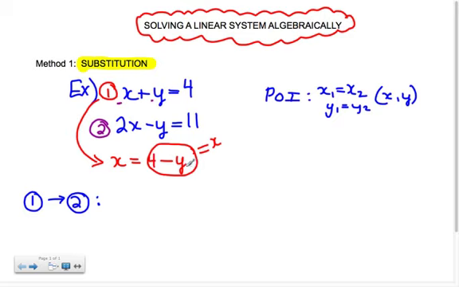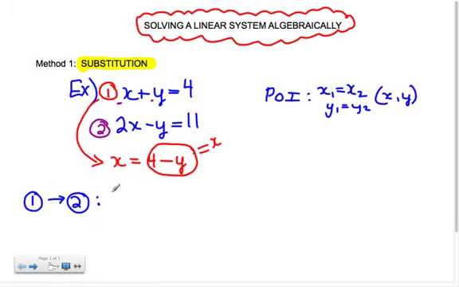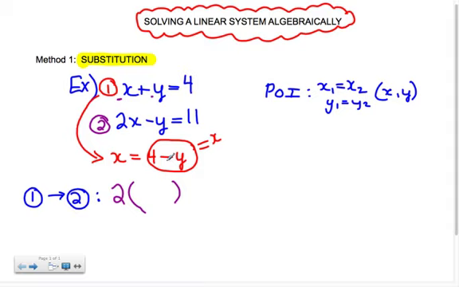So where I used to have an x in equation 2, we'll write in purple. So where I used to have an x, I'm now going to put my isolated value in there, 4 minus y, because that's just another way to write x. 2x is 2 times (4 minus y), same thing. Don't forget this minus y, that's already up there, and equals 11.